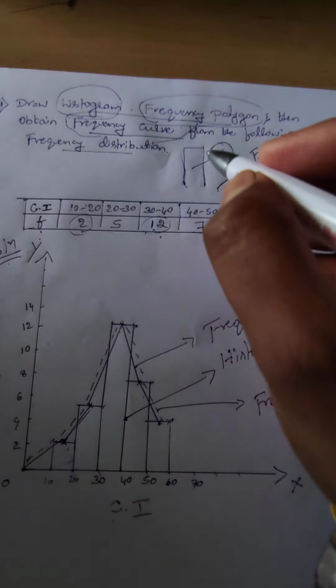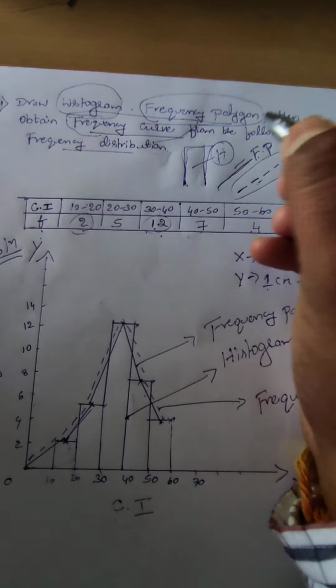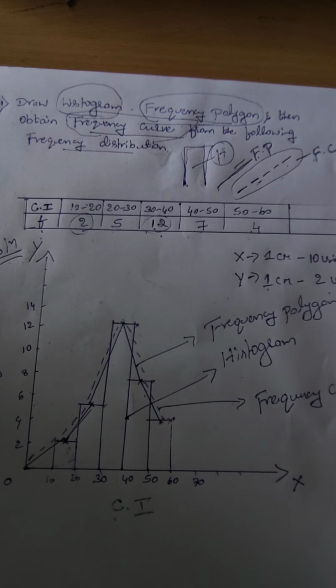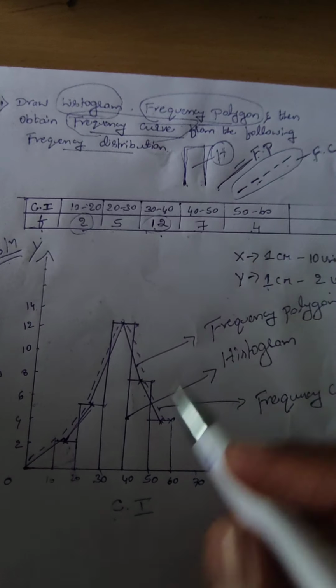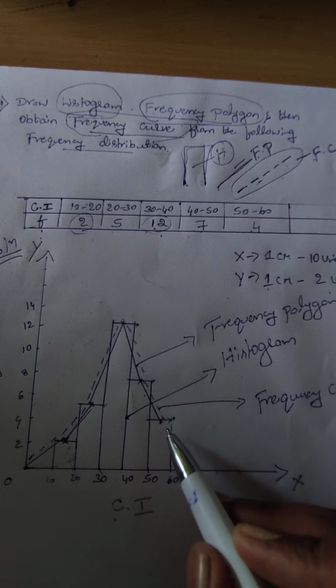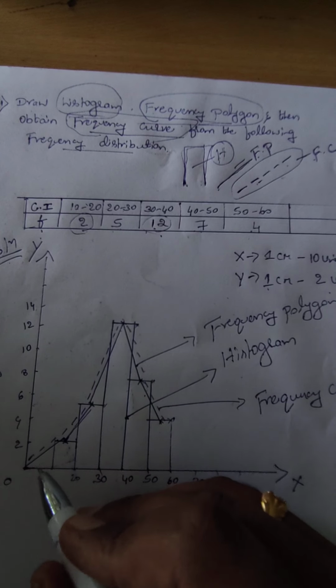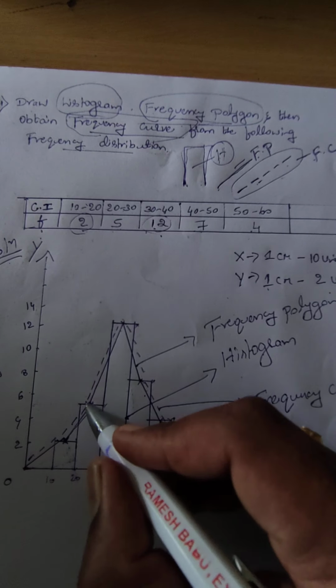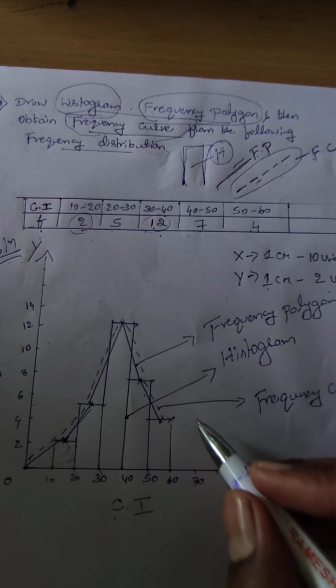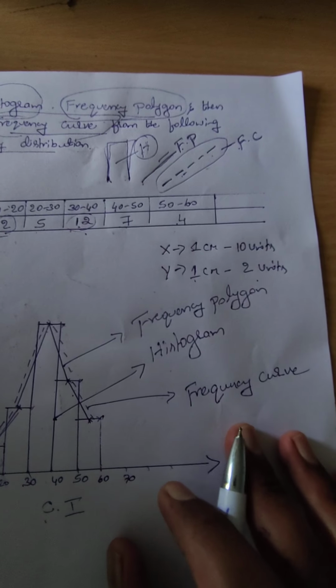The histogram is the rectangular bar diagram. The dark line is the frequency polygon. The smooth freehand dotted line is the frequency curve.